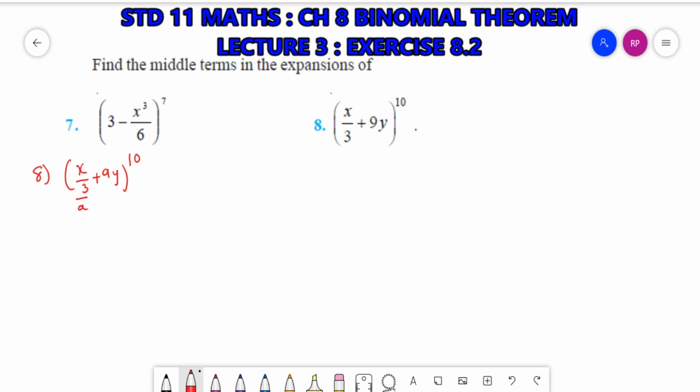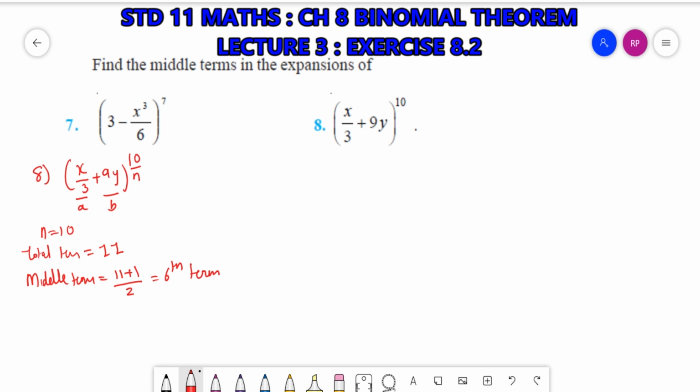So a is equal to x by 3, b is equal to 9y, and n is equal to 10. Now n equal to 10 means total terms will be 11. 5 terms on one side, 5 terms on the other side. The middle term will be the sixth term, or I can write (11 plus 1) by 2, that is equal to the sixth term.